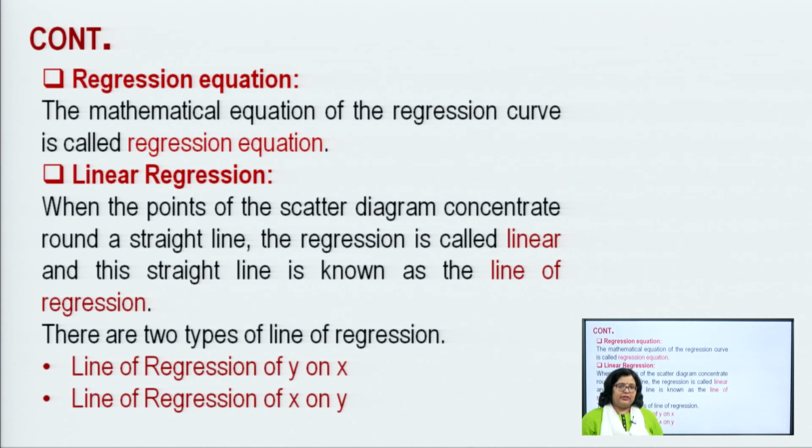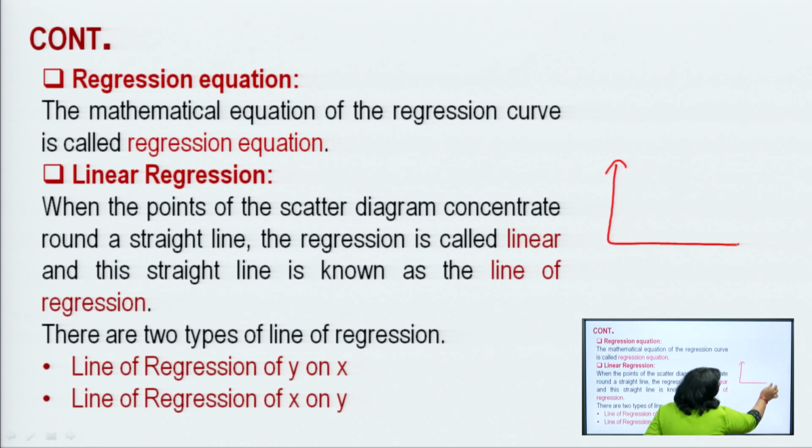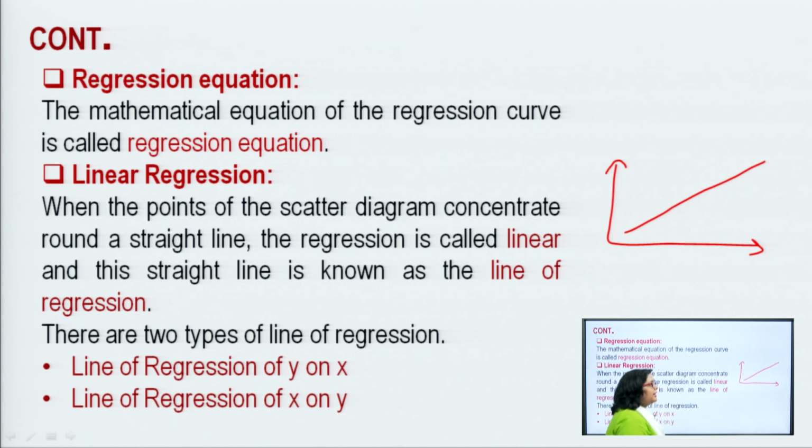Linear regression. We know what is curve of regression, and if all the points scatter around a straight line, this line is called line of regression. That is, when the points of the scatter diagram concentrate around a straight line, the regression is called linear, and the straight line is known as the line of regression.